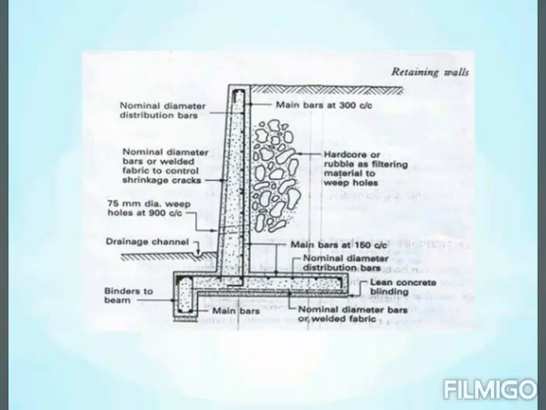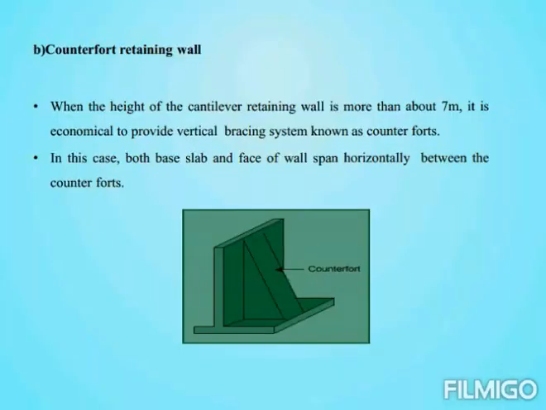It is uneconomical to provide a cantilever retaining wall more than a height of 7 meters. So, vertical bracing systems are provided. They are known as counterforts. You can see the transverse counterforts in this picture. Counterfort walls are placed at regular intervals of about 1/3 to 1/2 of wall height, interconnecting the stem.